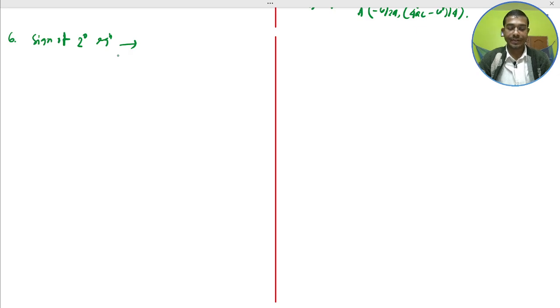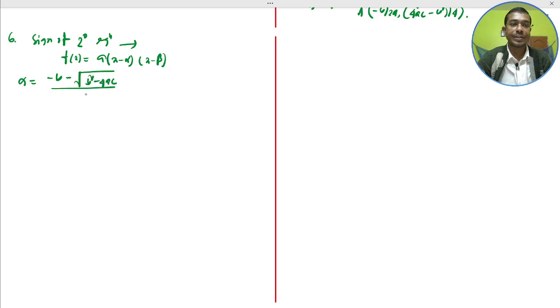So f(x) can be written in the form a(x minus alpha)(x minus beta), where alpha, the root, is minus b minus root over b square minus 4ac divided by 2a, and the other root beta is minus b plus root over b square minus 4ac divided by 2a.